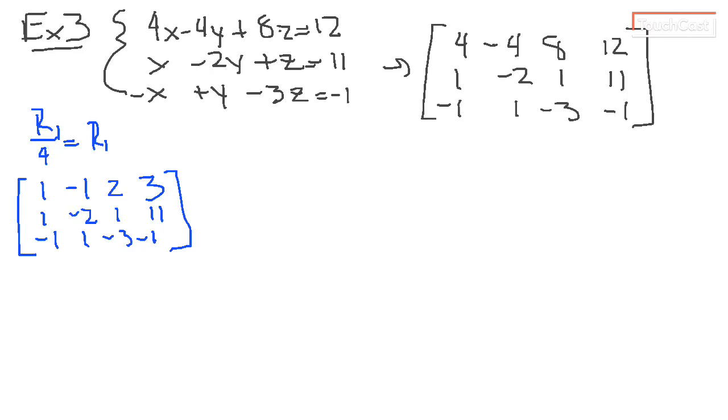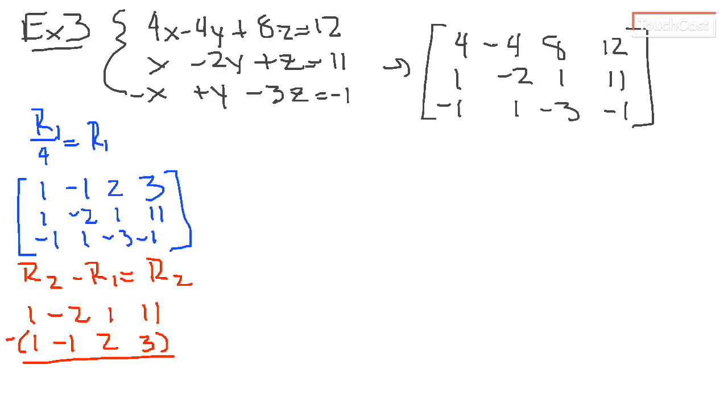So moving forward, what I'm going to do now, and there's a few different things we could do, but I'm going to actually take my second row and subtract my first row from it and replace my second row with that difference. So I'm going to take 1, negative 2, 1, 11, and subtract from that 1, negative 1, 2, 3. So 1 minus 1 is 0.